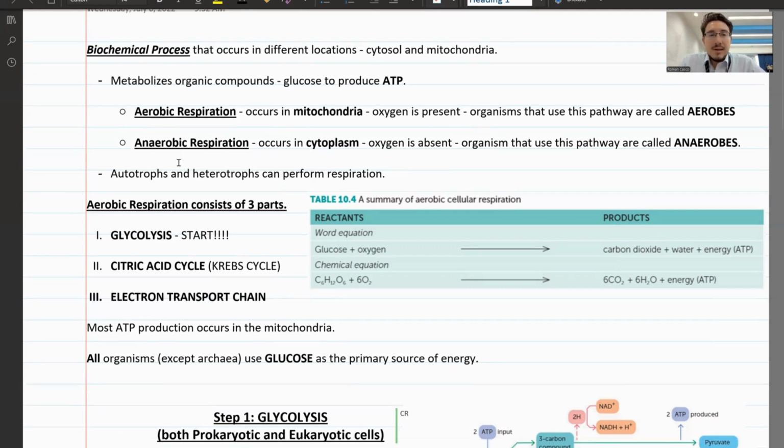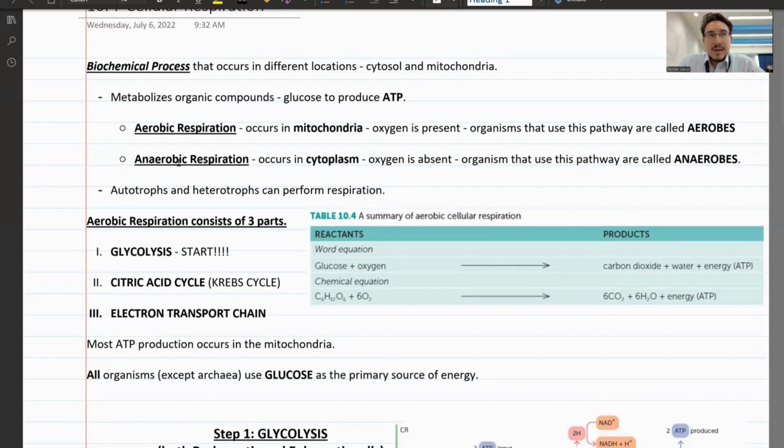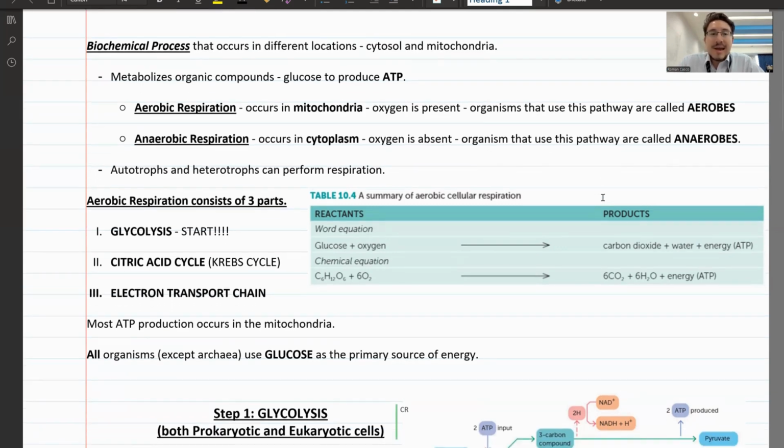And then there's a type of respiration that doesn't use oxygen, where oxygen is absent. It is referred to as anaerobic respiration, and it occurs in the cytoplasm. Oxygen isn't used, and any organisms belonging to this pathway are referred to as anaerobes, okay? And it undergoes anaerobic respiration.